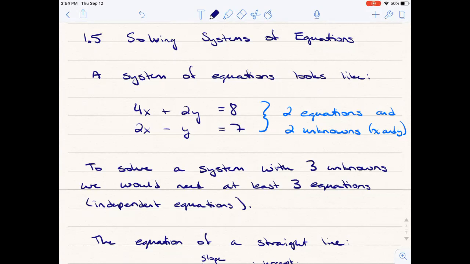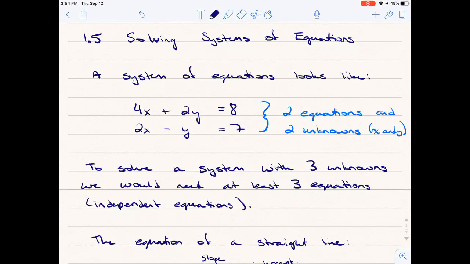For me, looking at this as an example, and probably what I will end up doing, I would multiply this equation by 2, because then I've got 4x minus 2y is 14. Now I can take this equation plus this equation, because there's a minus there.